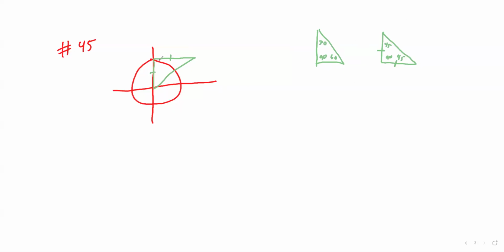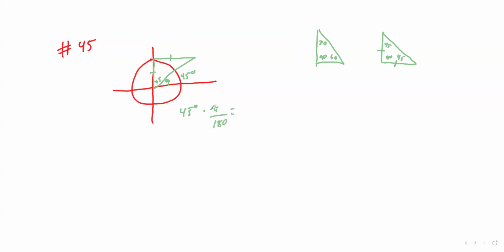So if they're the same size, then I know this is 45, 45 degrees. And if I know that this is 45 degrees here, and I'm looking for this measurement, then I know this one is also 45 degrees. And it says using information in each to determine the radian measure of the angle. So now that I know this is 45 degrees, you can either remember the formula or you can multiply this by pi over 180.